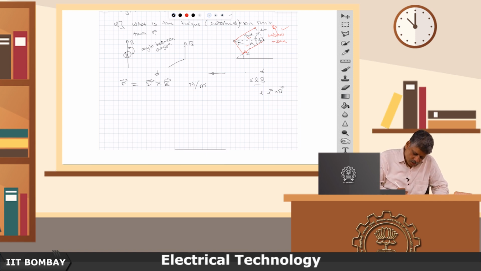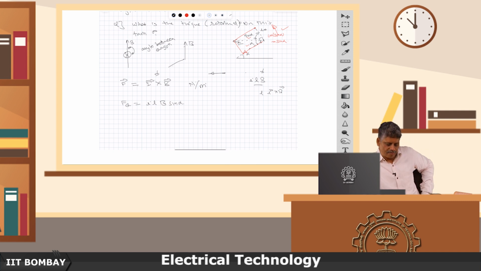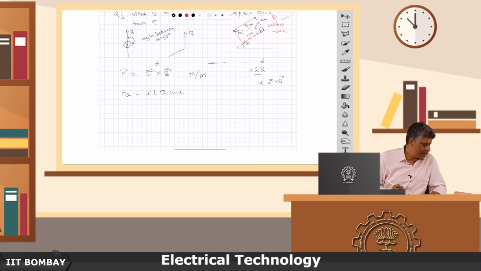So F theta, the tangential component that we are talking of, is going to be equal to, for the length of the conductor, ILB sin of alpha, because cos of 90 minus alpha is sin of alpha.